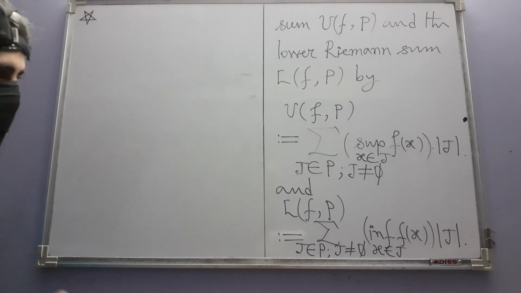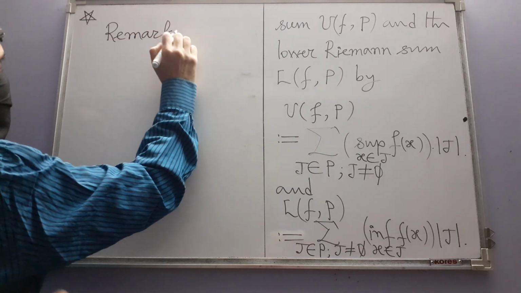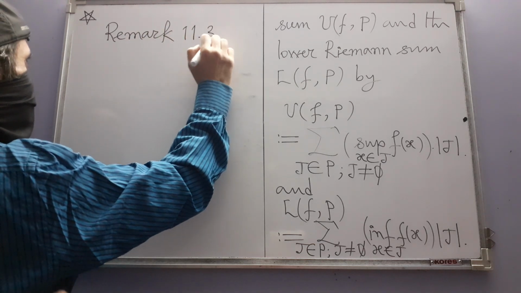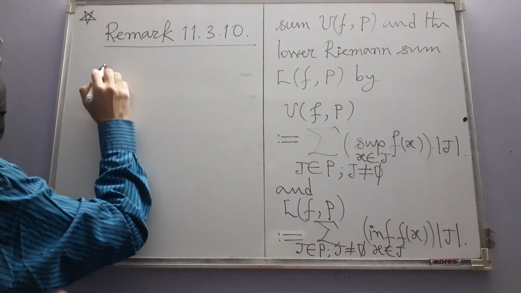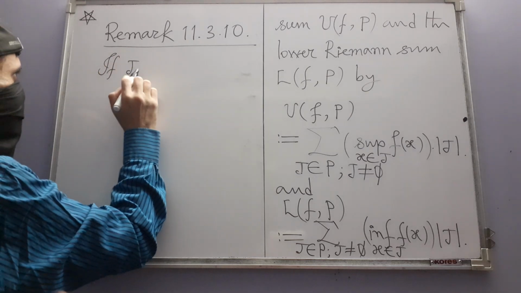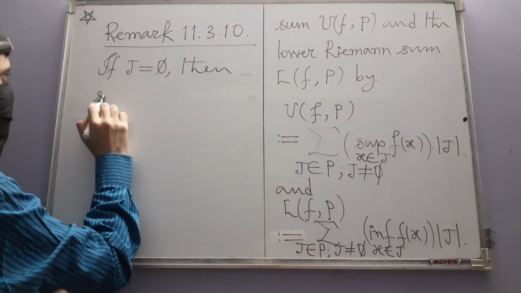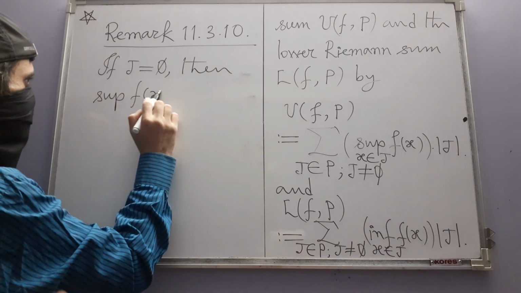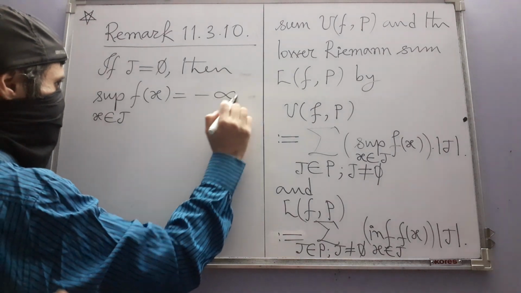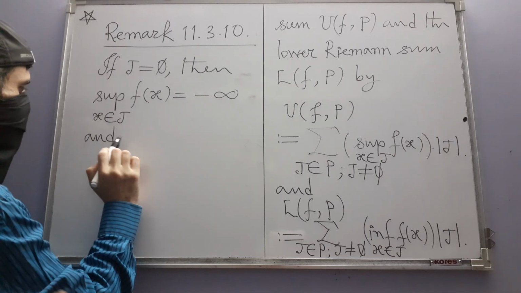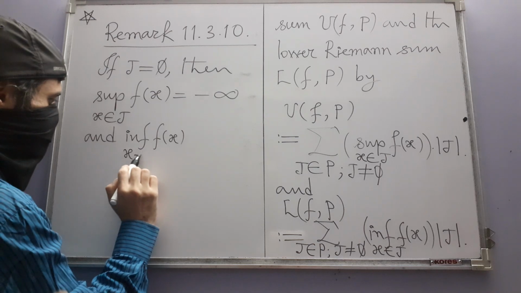So this will be remark 11.3.10. The remark is simply this: if j is empty, then the supremum of f of x as x varies over j is minus infinity and the infimum is plus infinity.